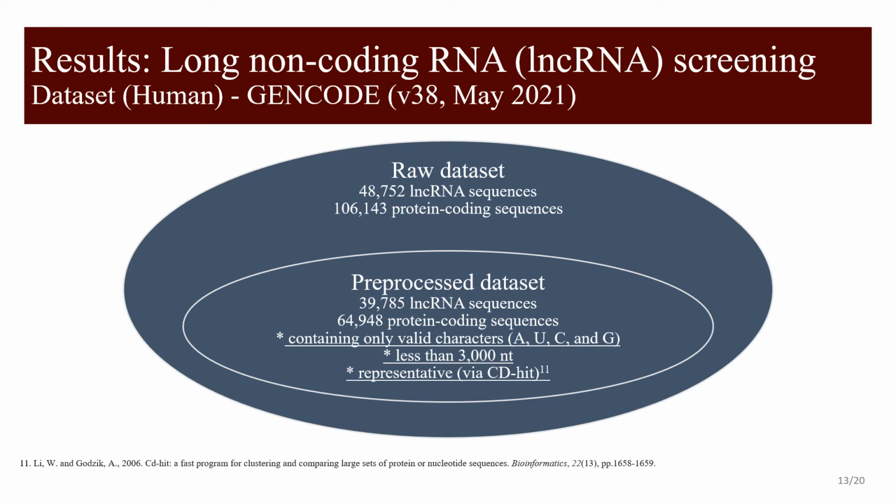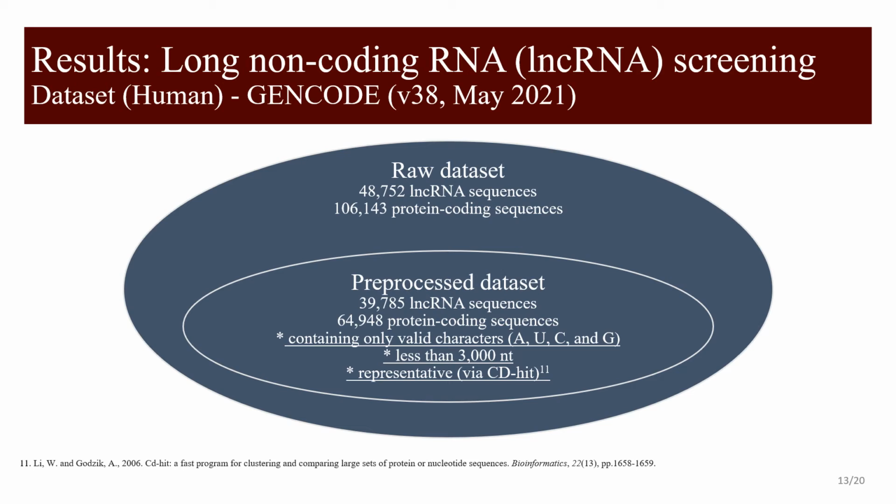We filtered out the sequences containing invalid characters other than A, U, C, or G, and the sequences whose length exceeds 3,000 nucleotides. Lastly, we applied the clustering algorithm CD-HIT to LNC RNAs and protein coding RNAs respectively to remove redundant sequences.